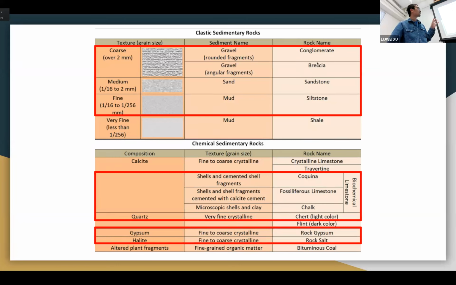The difference between these 2 is that for the breccia, the grain has very sharp angles, so you can see very sharp angles inside the breccia. But for conglomerates, the grain size is also large, but the angles disappear, so it's almost rounded grain inside.